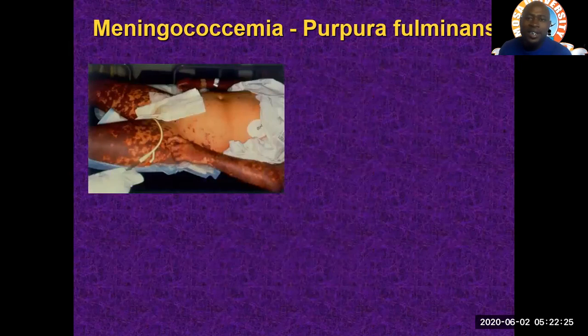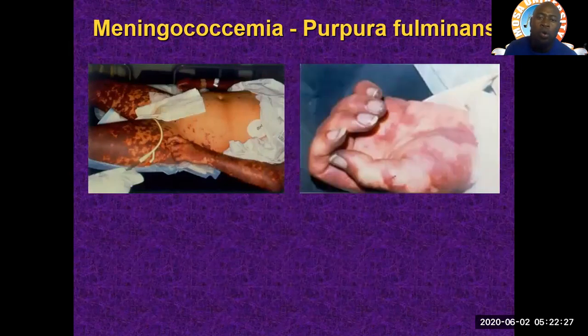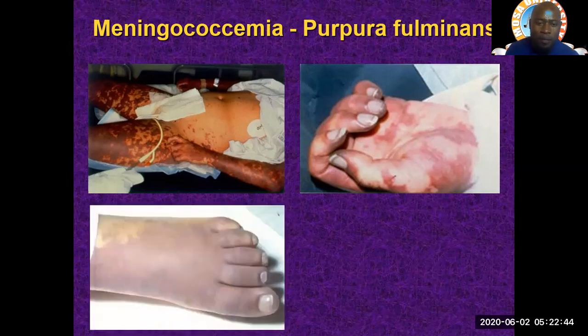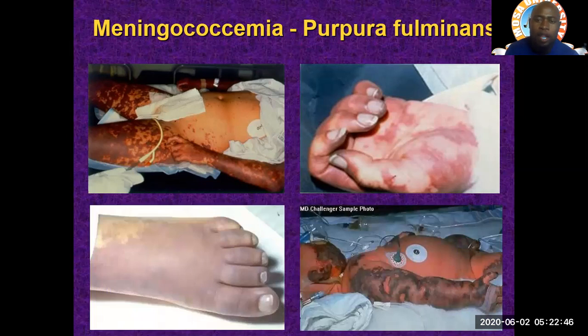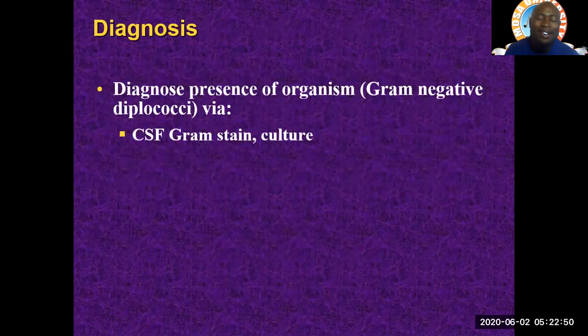Also, when it worsens, there will be what we call purpura fulminans. So these are the ones that sometimes will be white and deep purple, sometimes reddish, on the hands, and more common on the thighs and the legs. So those are the pictures that are there. You can take time to look at them so that you can nicely appreciate the presentation of meningococcal meningitis.